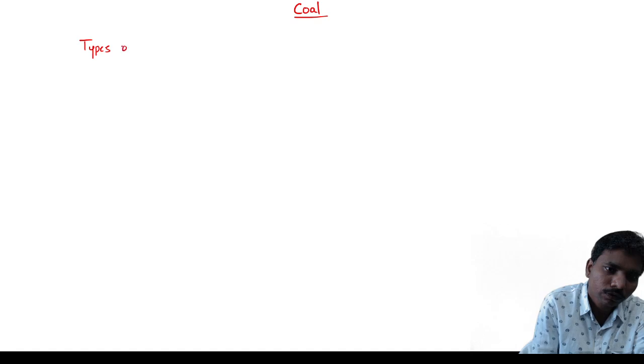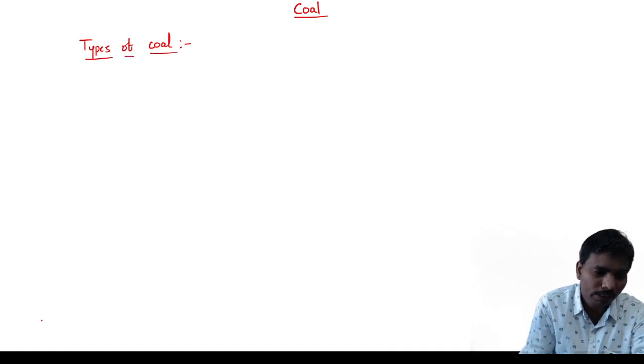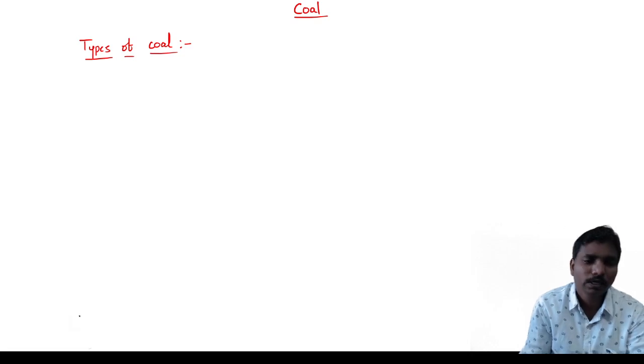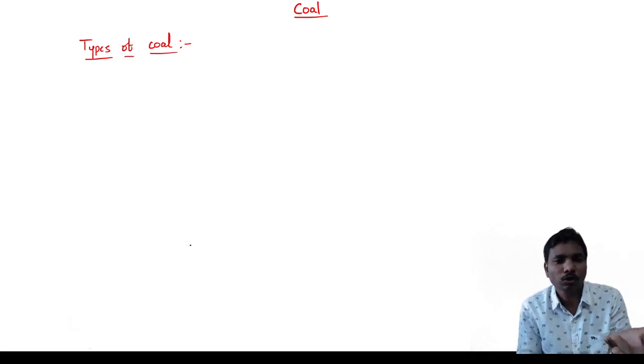Types of coal. You know very well what the types of coal are, depending upon the carbon percentage.